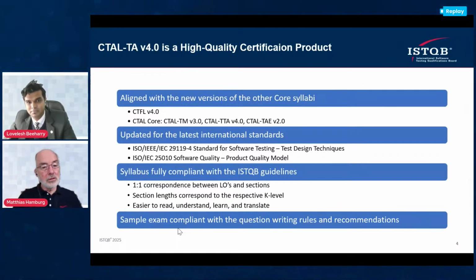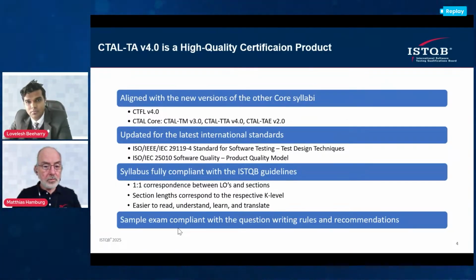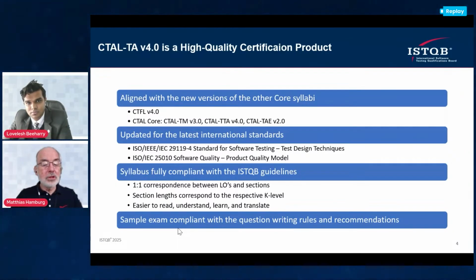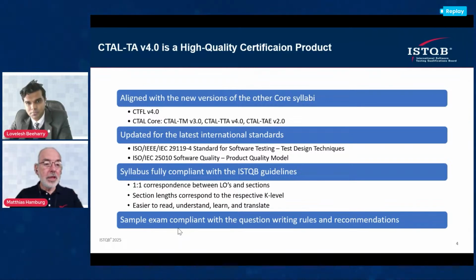So we wanted to align the test analyst with them as well. The international standards, which are very important for our test analysts, have changed in this period of time. So we have the standard series 29119 of the ISO and IEEE, focused on software testing, which has changed, especially its part 4 dealing with test techniques, because black box test techniques are one of the major parts of this certification.